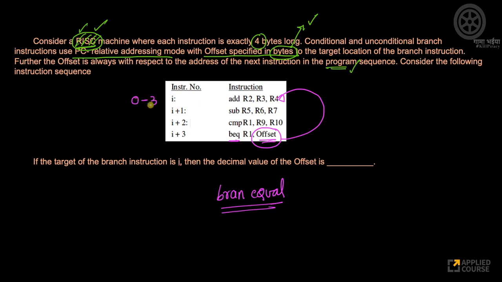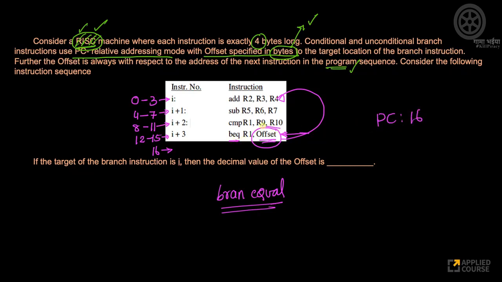So from 0 to 3, these 4 bytes will be occupied by this instruction. From 4 to 7 by this instruction. From 8 to 11 by this instruction. From 12 to 15 by this instruction. And while this instruction is getting executed, your program counter will have an address of 16.